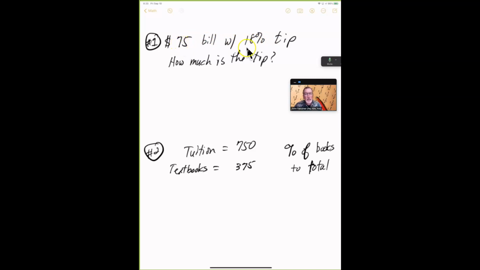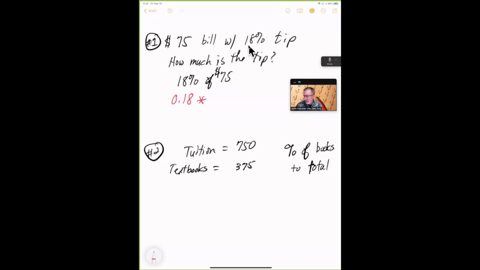And the easiest way to calculate this number is we're taking 18% of $75. Let's go ahead and translate this into a mathematical expression. We have 0.18 times, right?